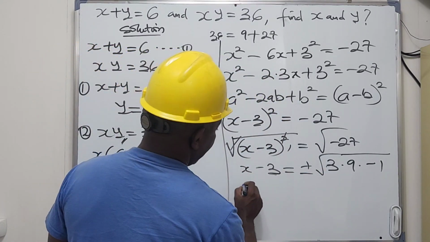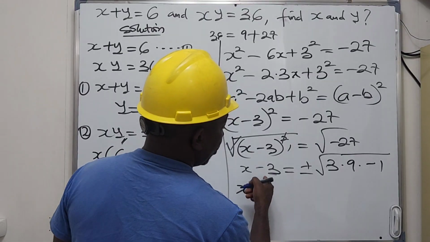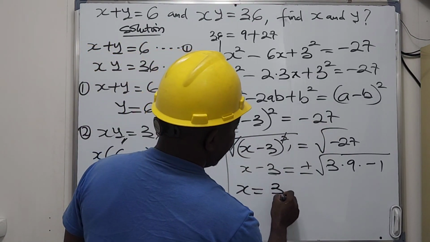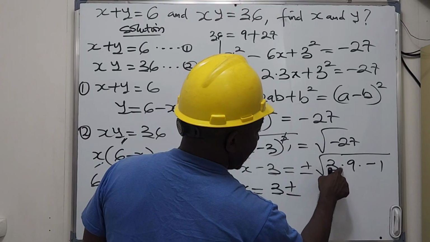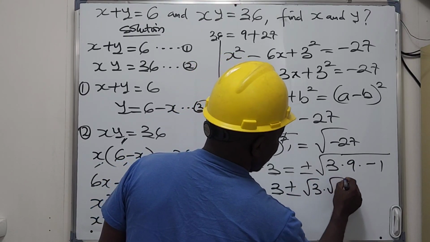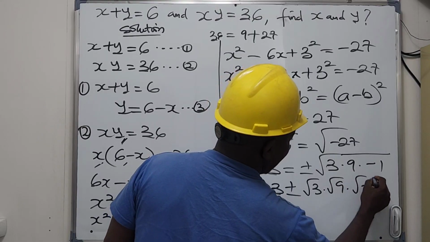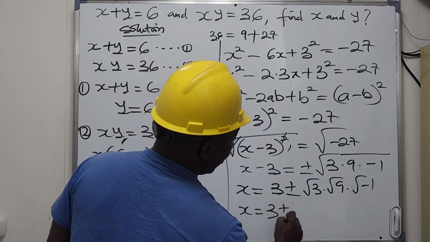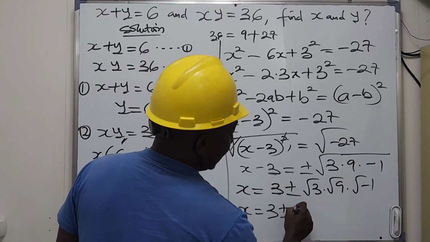So x equals, we need to transpose minus 3 to the other side, so it becomes 3, plus or minus. This is going to give us the square root of 3 times the square root of 9 times the square root of minus 1. So x equals 3 plus or minus, the square root of 9 is 3.